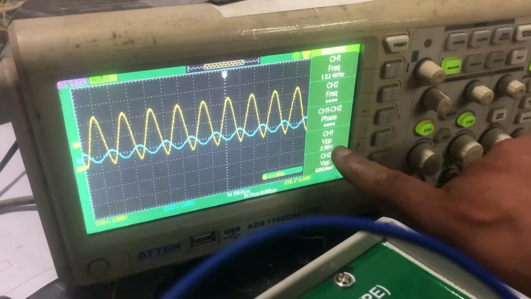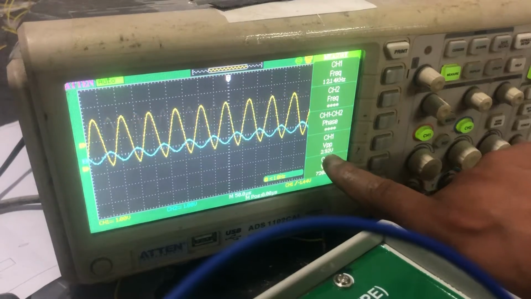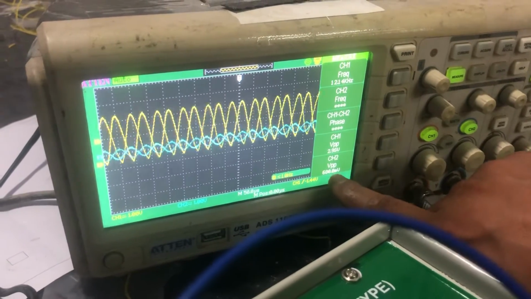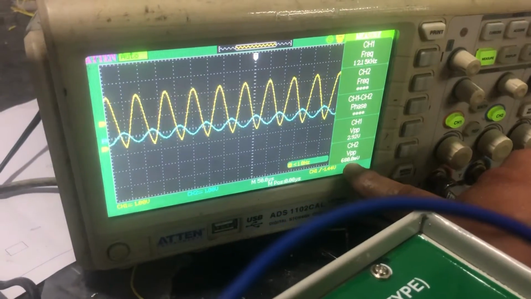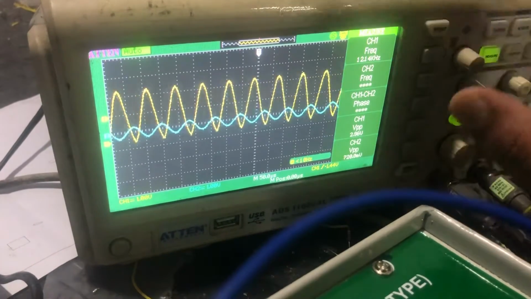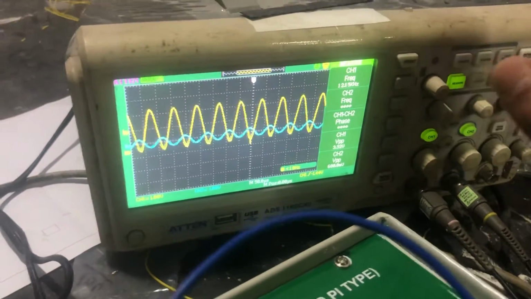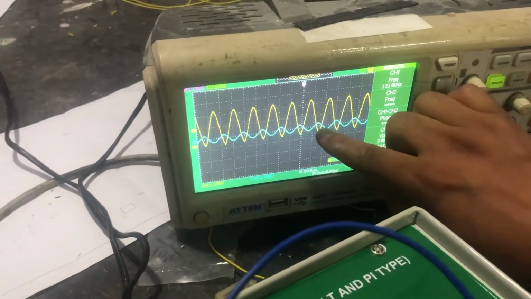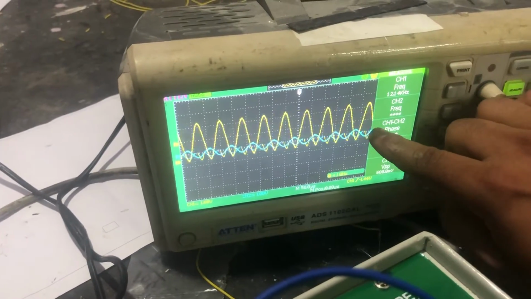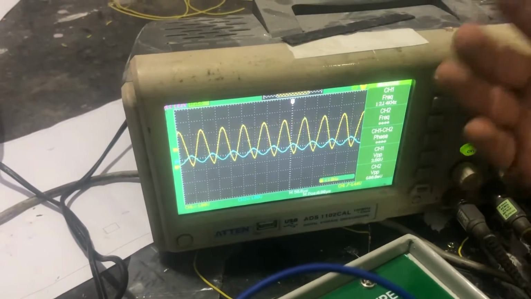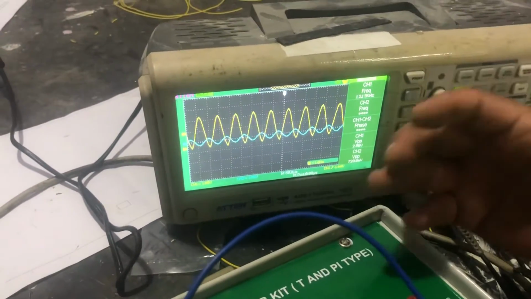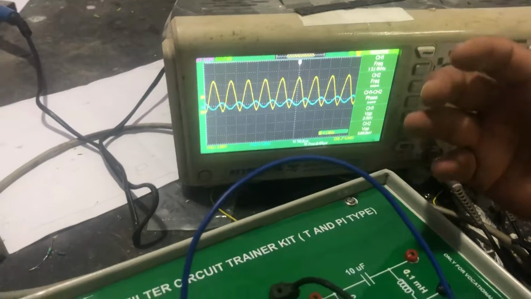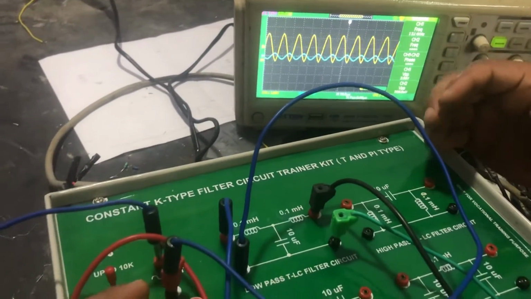Channel 1 peak to peak voltage is 1.96 and channel 2 is near 680 millivolt. That is why after the cutoff frequency the output amplitude continuously reduces as we increase the frequency. This is the low pass T LC filter.